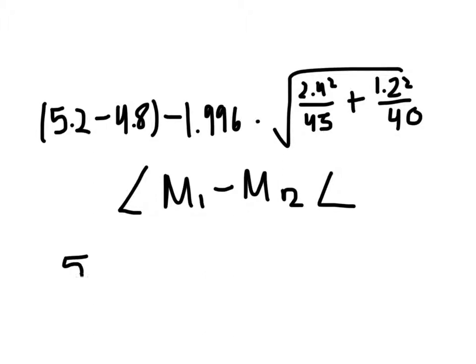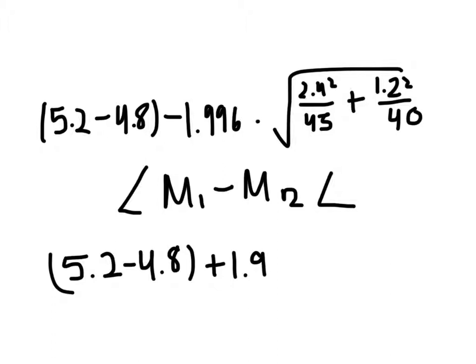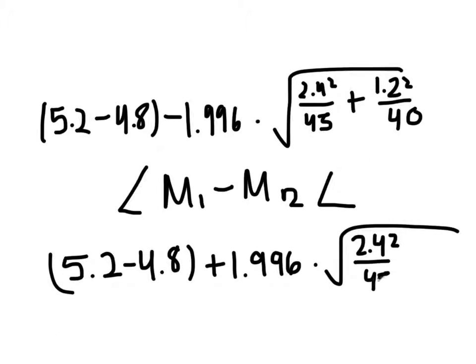And then it's basically just repeated, except we can't forget to put the plus in instead of the minus. So again, we're going to have 5.2 minus 4.8, and then we're going to go plus that test value, 1.996, times again the same thing, the square root of 2.4 squared over 45 plus 1.2 squared over 40. And then we just got to solve that.